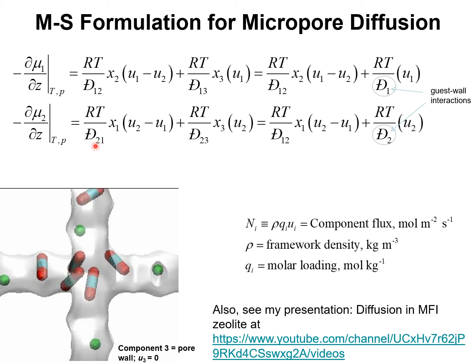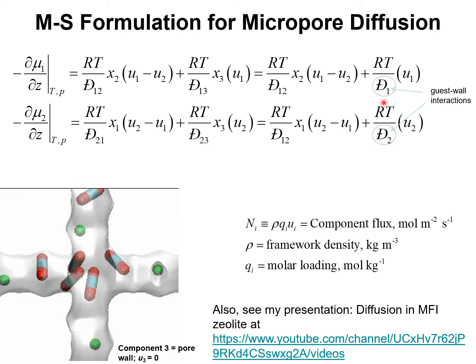Due to the Onsager reciprocal relations, D21 equals D12, and therefore for binary diffusion inside micropores, there are three diffusivities.